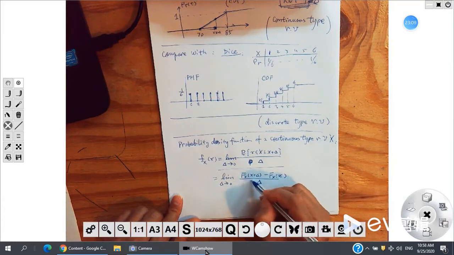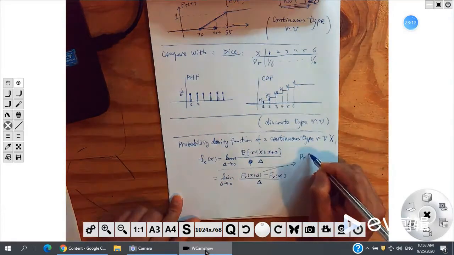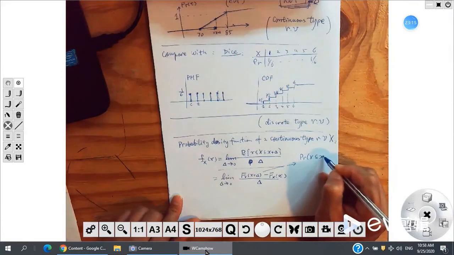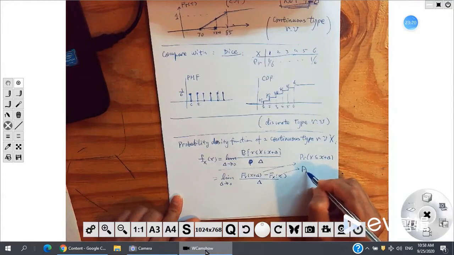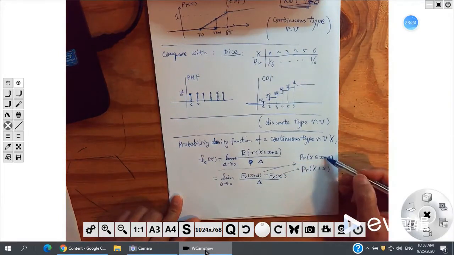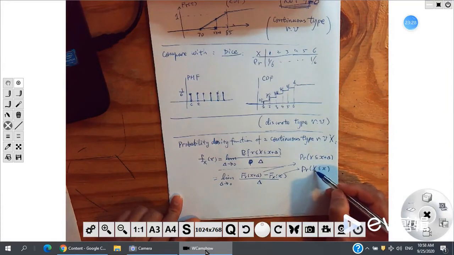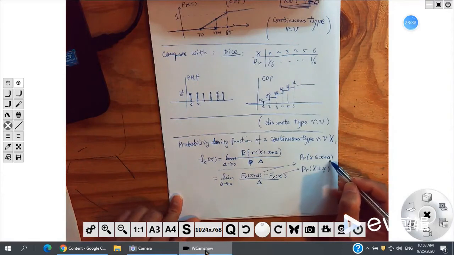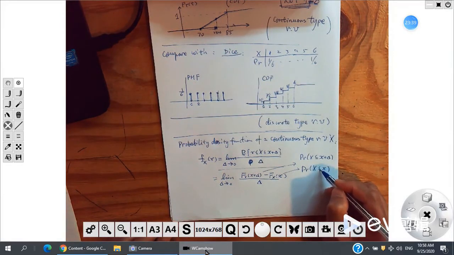This one is the probability that X is smaller than or equal to x plus delta, and this one is the probability that capital X is smaller than x. Then you subtract, and you get the probability for X between lowercase x and x plus delta.